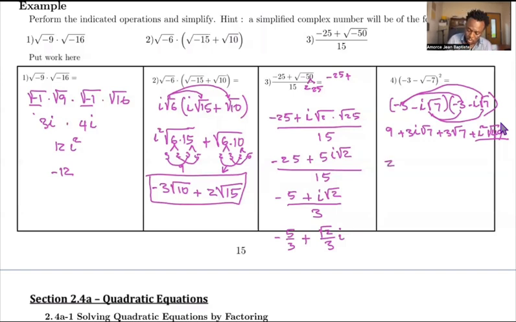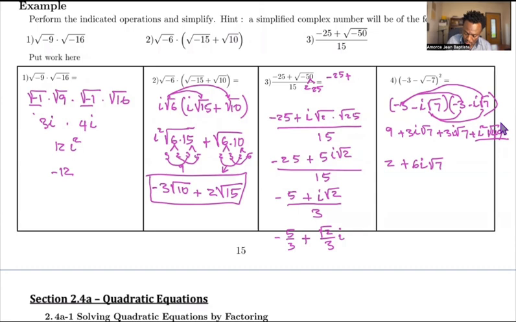So that's 2. And then plus 3i square root of 7, and another 3i square root of 7. So that's 6i square root of 7.